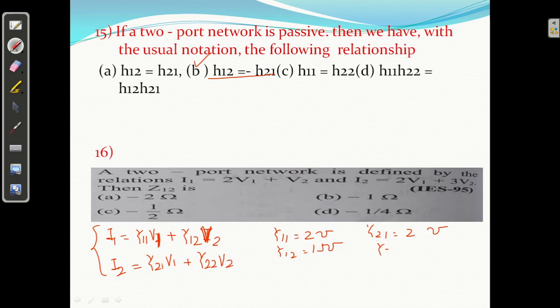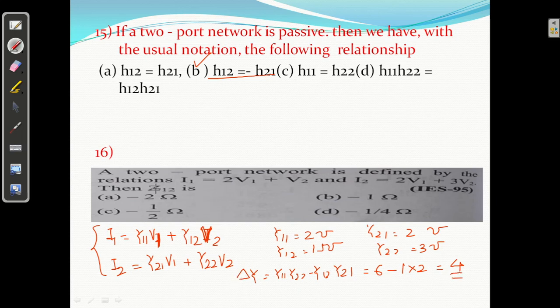So Y22 equal to 3 mho. Del Y क्या होता है? Y11 Y22 minus Y12 Y21, right? Y11 into Y22, 2 into 3 6 minus Y12 कितना है? 1 and this is 2, so 1 into 2 2, so you will get del Y equal to 4. So I got del Y, determinant of Y equal to 4.